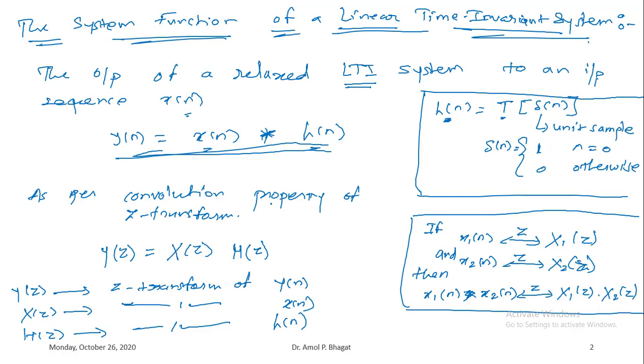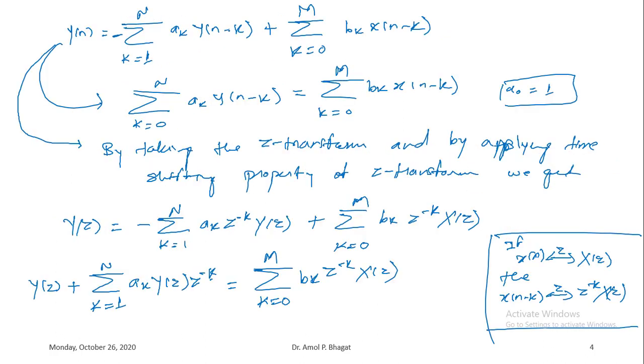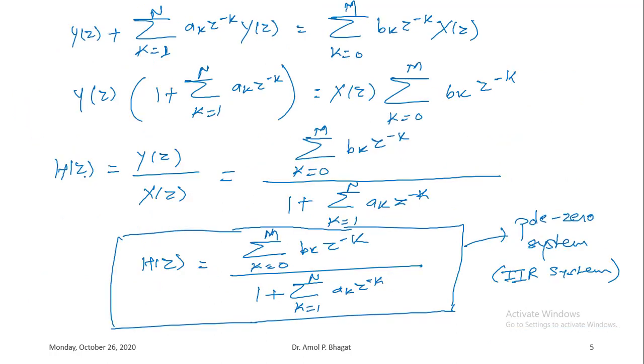We considered the first condition of convolution summation, and by taking its z transform we identified the system function. Similarly, by considering the difference equation and taking its z transform, again we identified the system function H of z.